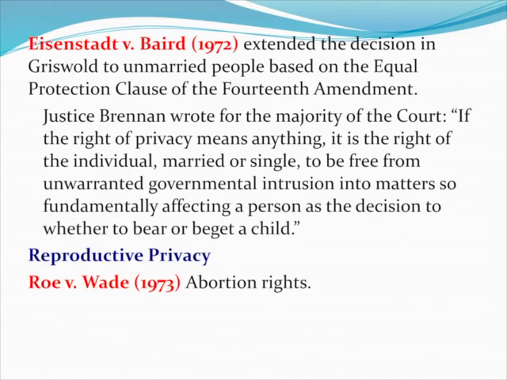In Roe versus Wade, the Supreme Court posited that there is a fundamental right to reproductive privacy, which includes the right to have an abortion. But the Supreme Court also said that this right is not absolute, because the state has a compelling purpose to protect the life of the pregnant woman and the potential life of the fetus.